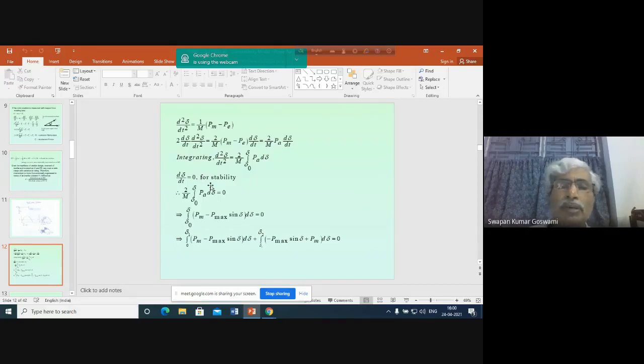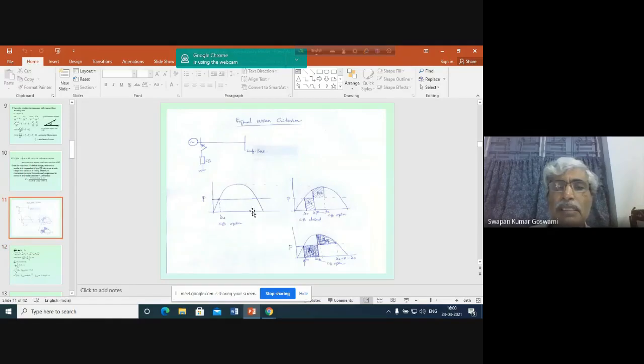The speed is synchronous here, d delta dt at this point is 0. Here again the speed is synchronous, d delta dt is 0. Here also d delta dt is 0.